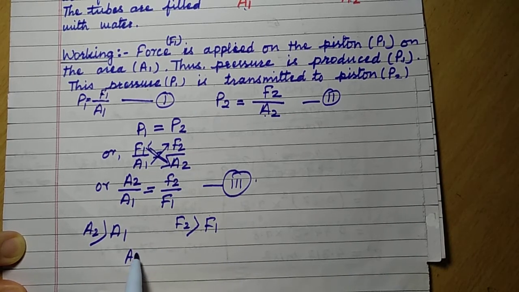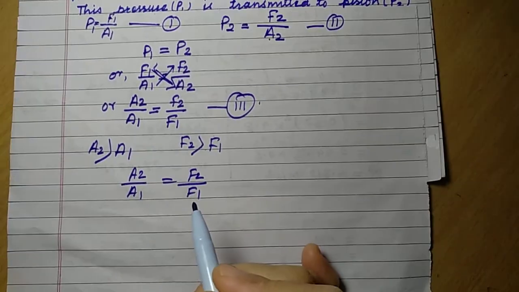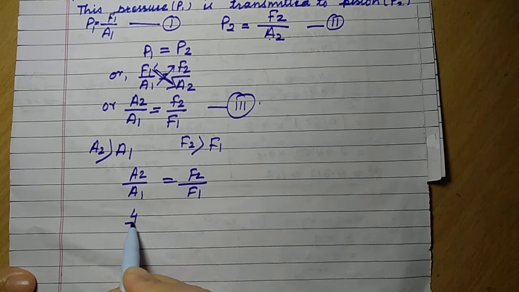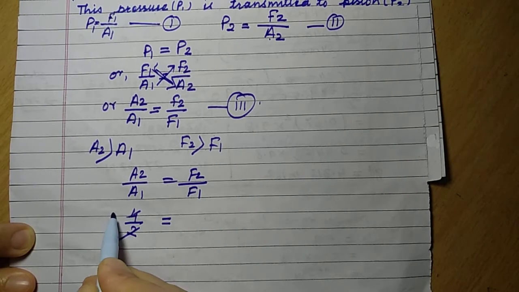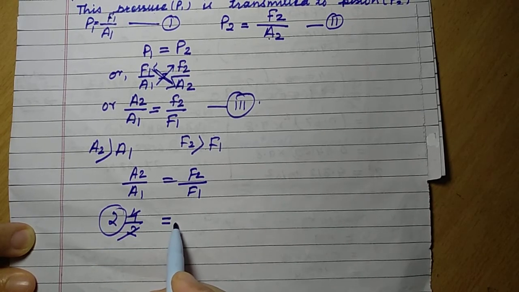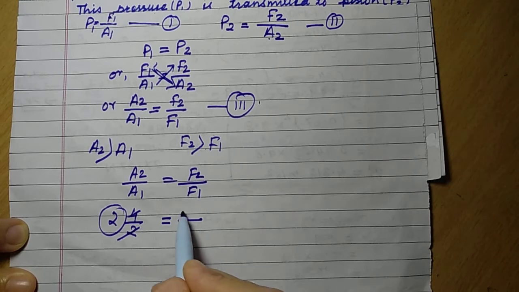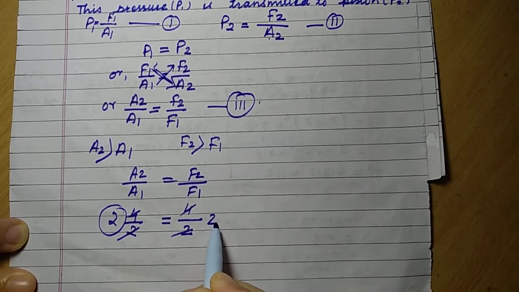Supposing A2 is 4 and A1 is 2, then 2 ones are 2, 2 twos are 4, so the ratio is 2. If it is 2, then this side also should be 2. So let F1 be 2 and F2 be 4.